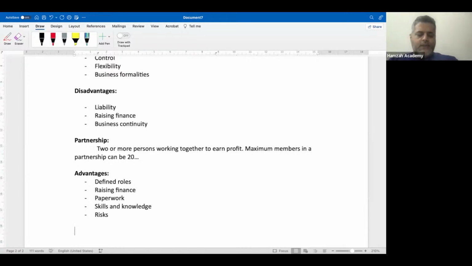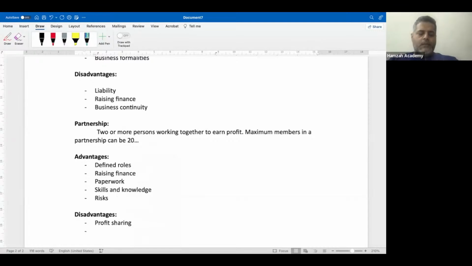And then, like the advantages, you have some disadvantages as well. Now, talking about the disadvantages, the first disadvantage, which I always feel, is the profit sharing. The partners can have some serious disputes as well, right? And then obviously the costs can be high as well.